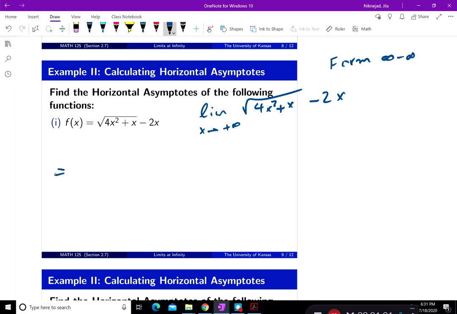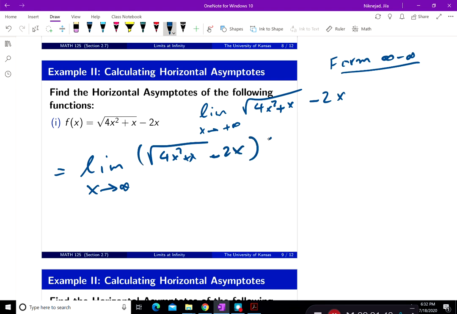And so what is the technique? The technique is to multiply the top if it's indeterminate form. If it's not indeterminate form, just leave it that way. But if it's indeterminate form, basically multiply by the conjugate.